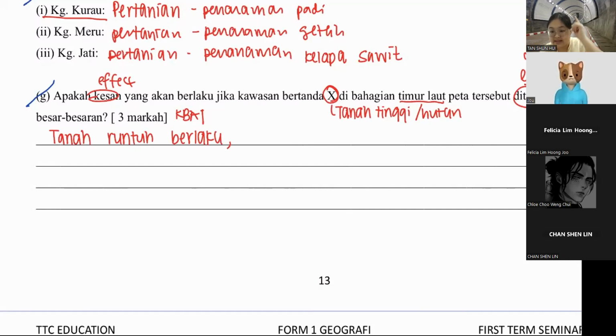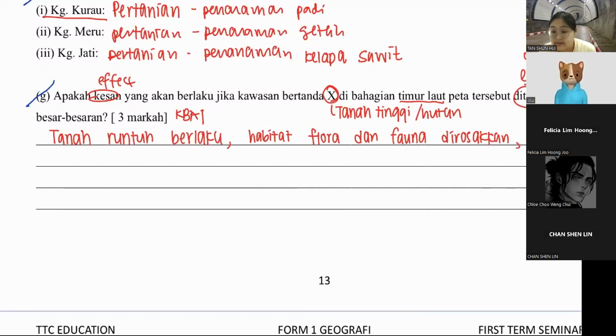Yeah, the habitat. So dirosak, yes. You can say habitat flora dan fauna terjejas. Flora means plant, fauna means animal, okay? Dirosakkan. Or you can say what? Kehilangan. They lost their habitat.